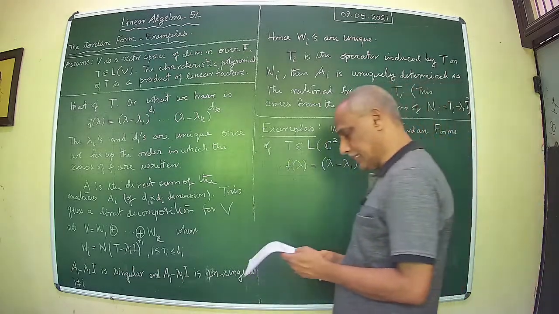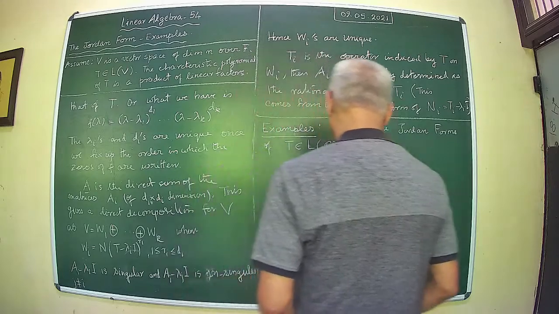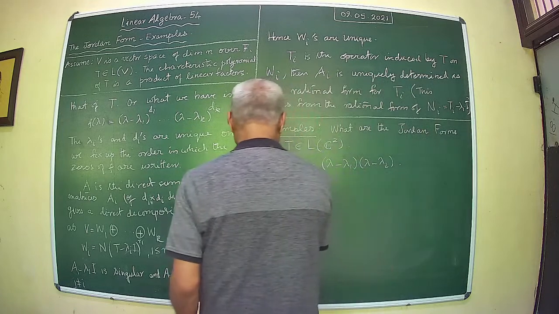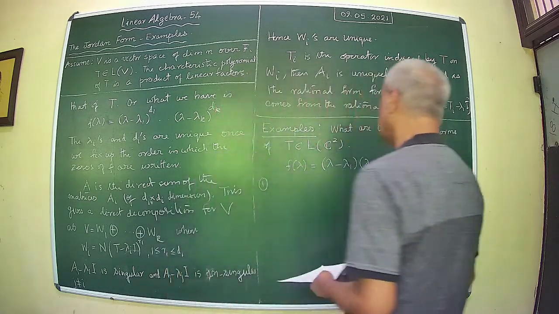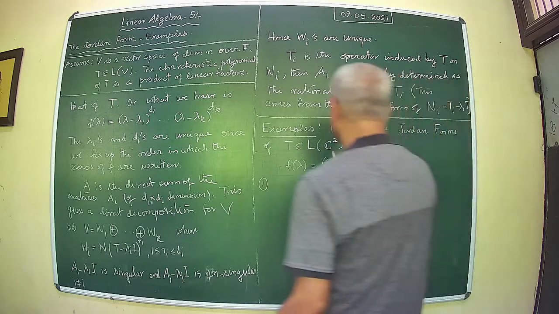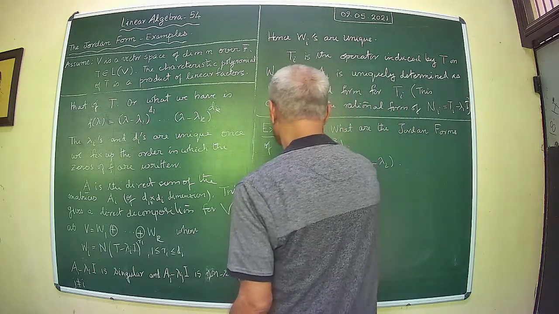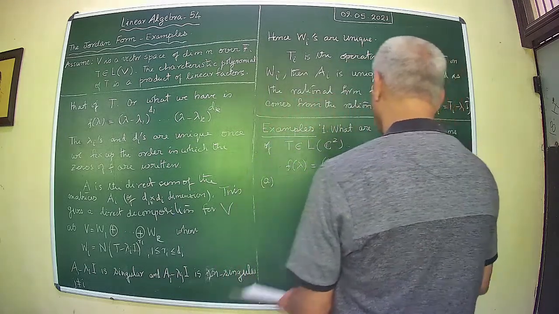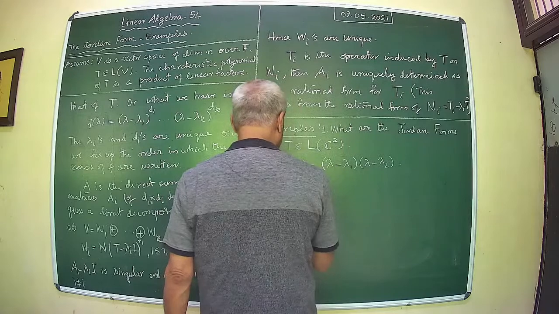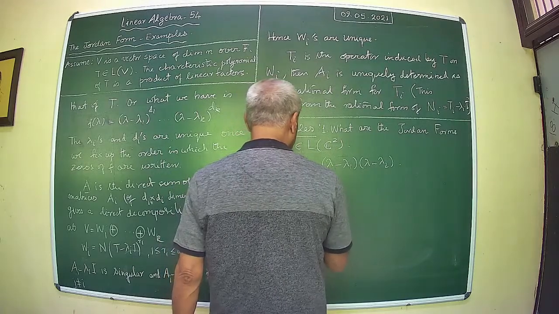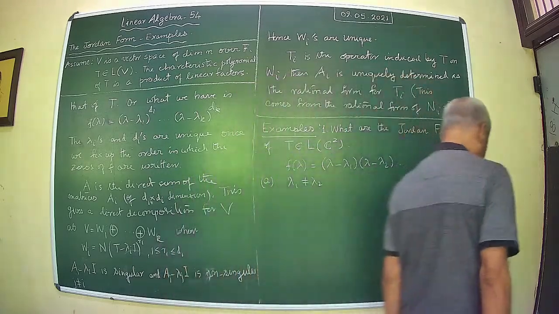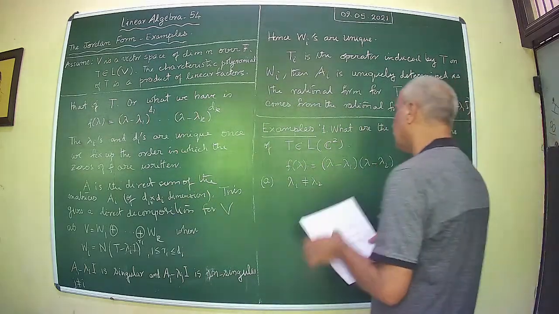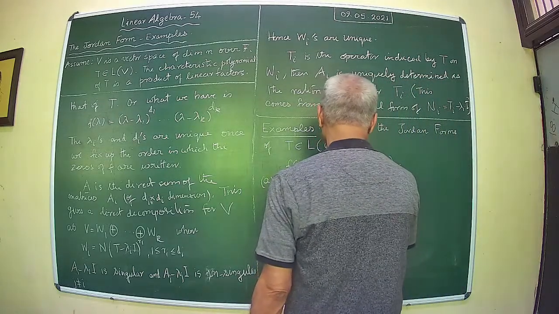Now there are two possibilities here. The first possibility, first example, is lambda 1 not equal to lambda 2. Okay. In this case, what is the minimal polynomial?